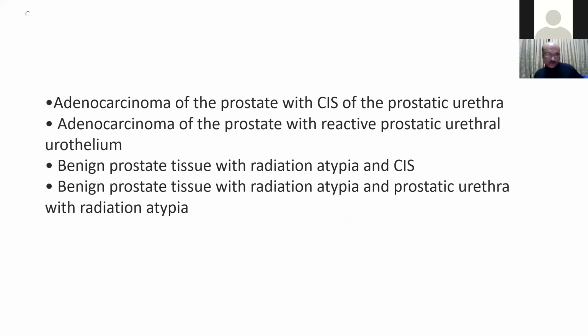The choices are adenocarcinoma of prostate with CIS of the prostatic urethra, adenocarcinoma of prostate with reactive prostatic urethral urothelium, benign prostatic tissue with radiation atypia and CIS, benign prostatic tissue with radiation atypia and prostatic urethra with radiation atypia. Among these four, the last one is the correct answer. Here is the radiation atypia involving the urethra as well as prostatic tissue.